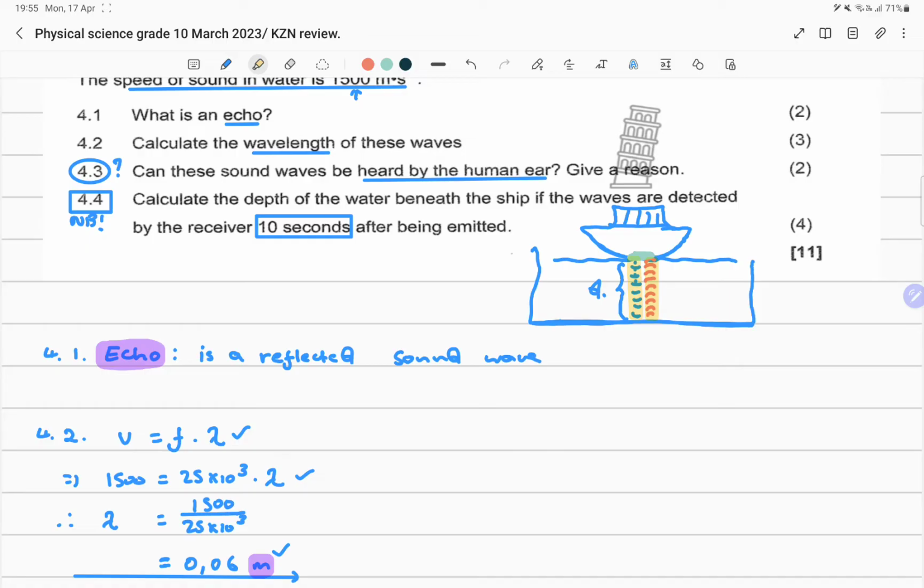And we know that the total time is going to be 10 seconds. But now we're only interested in the travel from here to the bottom. So this means for that phase, it's going to be half of 10.